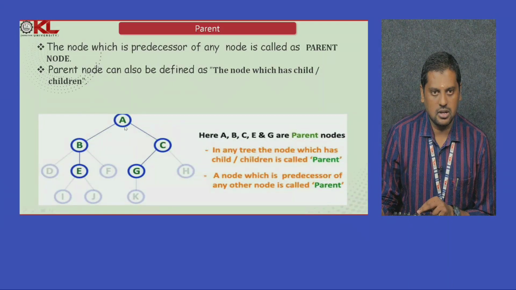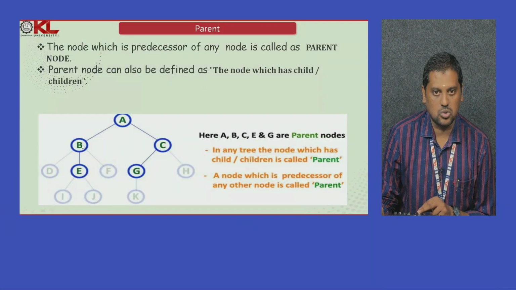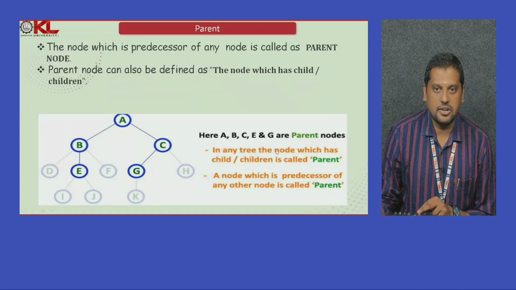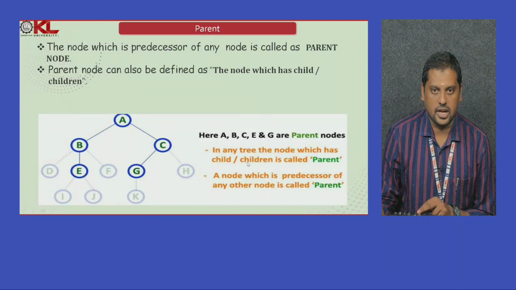In this example, E, G and C, all these nodes which have been highlighted here are said to be parent nodes. Why? Because from this particular node we have some nodes connected, which are said to be child nodes. As I told you, in any tree the nodes which have a child or children are called parents.